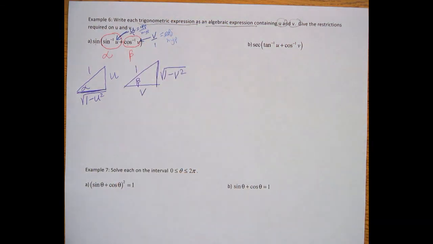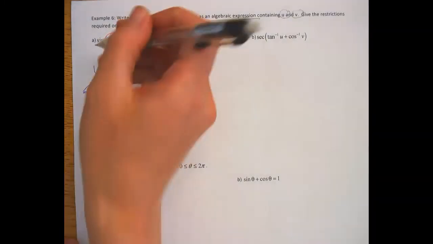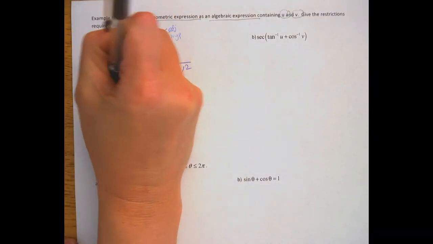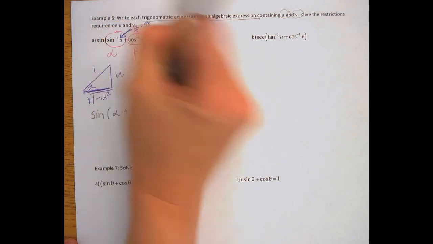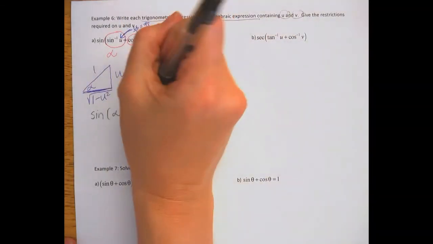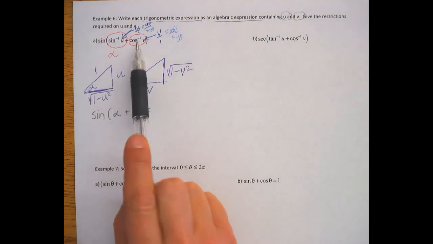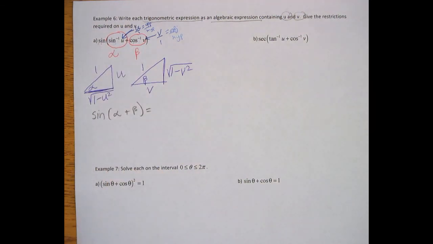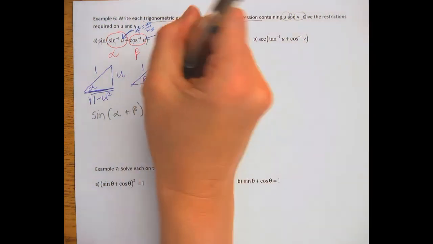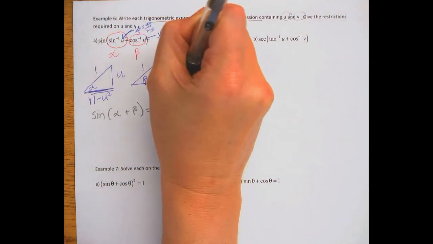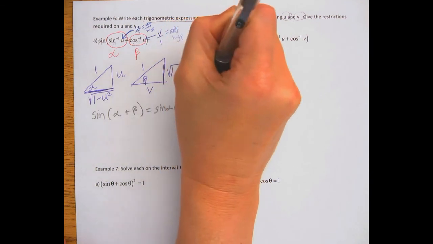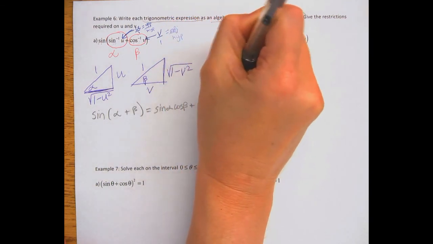And then I'm going to use the identity for the sine of a sum of angles, sine alpha plus beta. Because that's what I have. I have sine of a sum of two unknown angles. Sine inverse of U and cosine inverse of V are angles. So it's sine alpha, cosine beta, plus cosine alpha, sine beta.